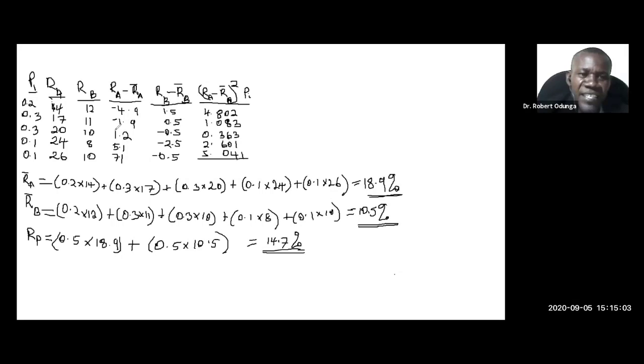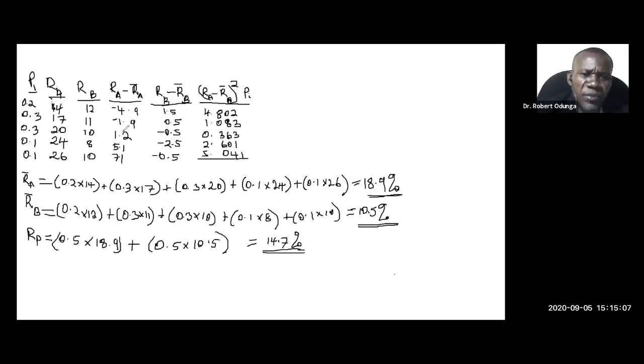How? Square of 1.1. What? 1.2. This is 1.2. Why? This is what you gave me.